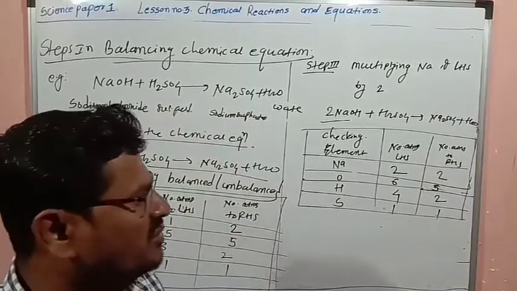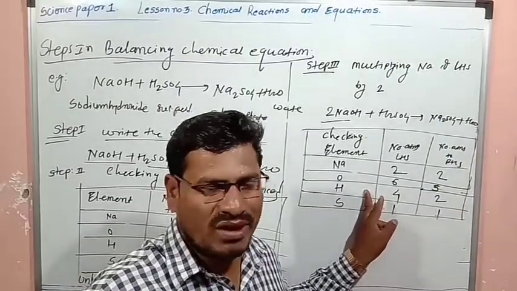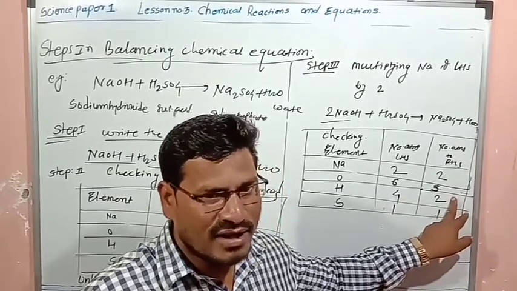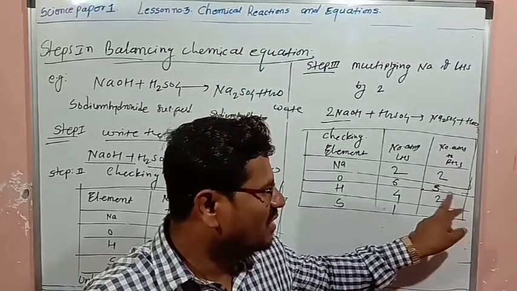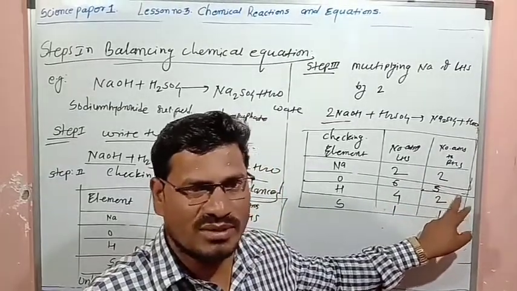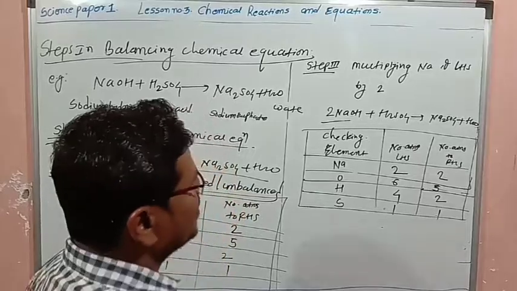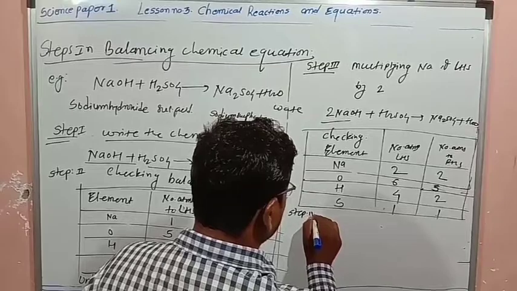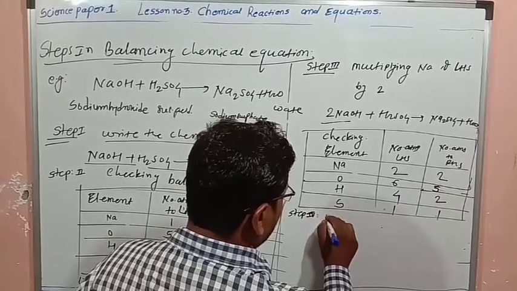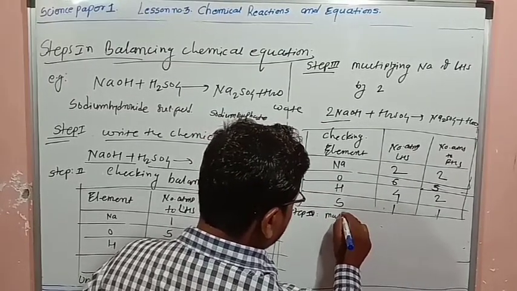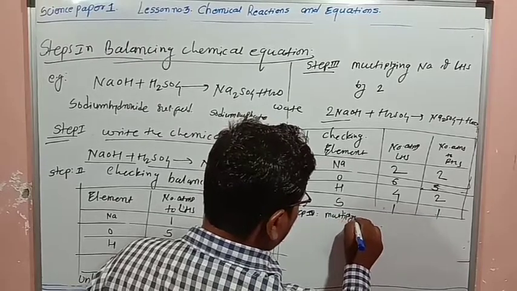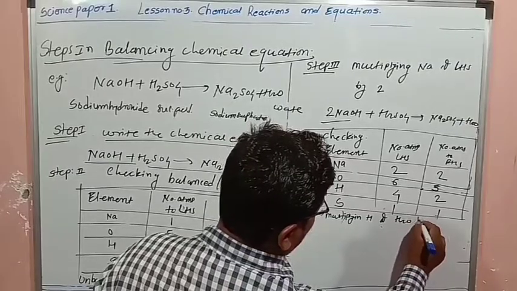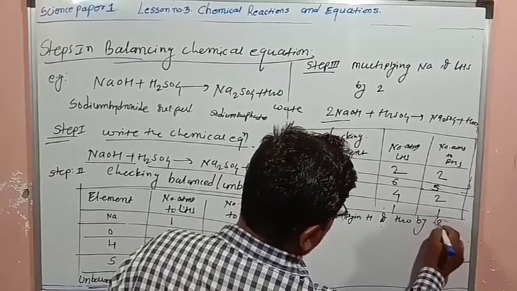So the next atom, hydrogen, you can balance. For balancing hydrogen, you have to multiply the hydrogen on the RHS by 2, then the numbers will become equal. Step number 4: multiplying hydrogen of H2 by the factor 2.